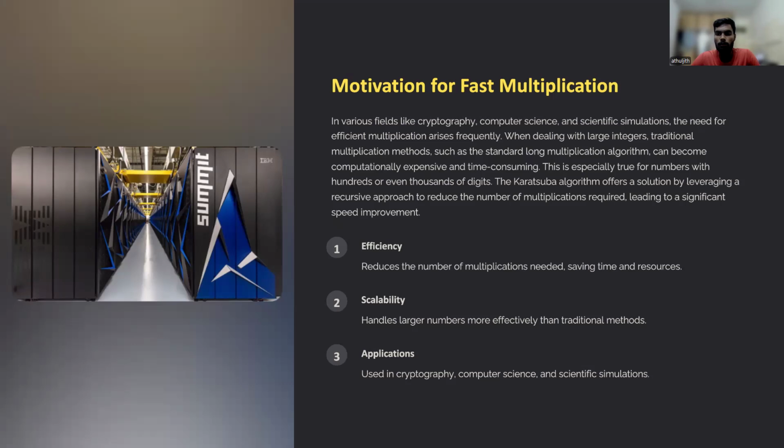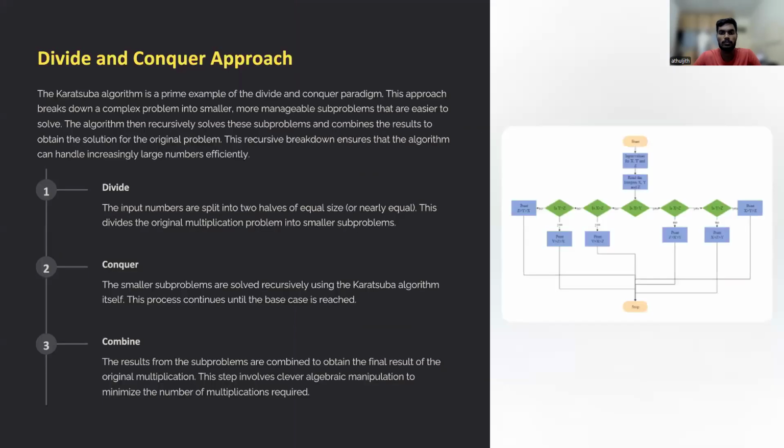The Karatsuba algorithm offers a solution by leveraging a recursive approach to reduce the number of multiplications required, leading to a significant improvement. Efficiency: reduces the number of multiplications needed, saving time and resources. Scalability: handles large numbers more efficiently than traditional methods. Application: used in cryptography, computer science, and scientific simulations.